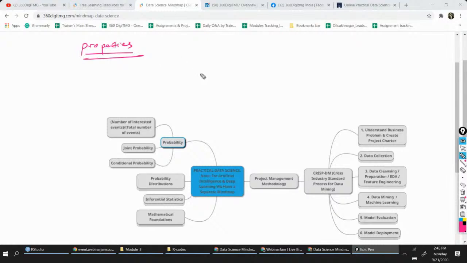Okay, the first property is that the probability, which is the chance of the event or a specific value, will always lie between 0 to 1. This is the first property that you need to look at.